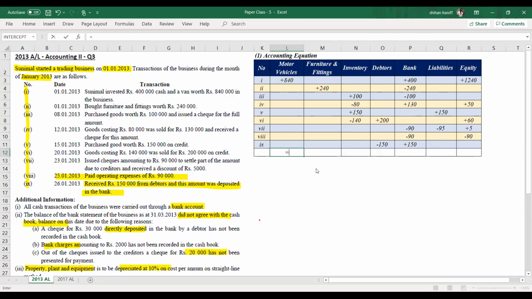Then if you calculate the total, you have these balances, total balance.